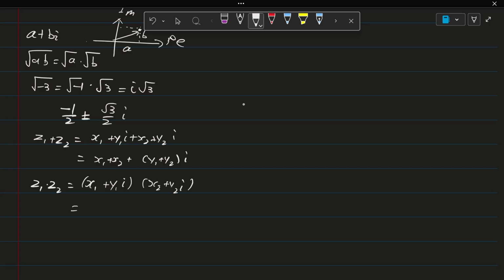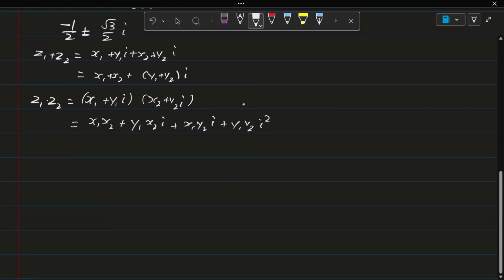If you do the multiplication, it straight away gives you x1x2 plus y1x2i plus x1y2i plus y1y2 times i squared. But you know i squared to be negative 1 because that's the definition of i. So this will correspond to (x1x2 minus y1y2) plus (x1y2 plus x2y1) times i. And this is multiplication for complex numbers.